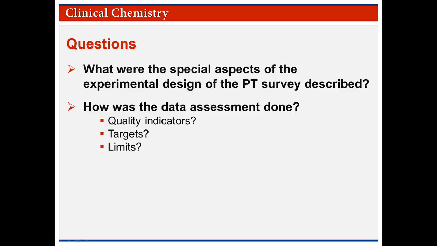So they looked at 8 analytes: creatinine, glucose, phosphate, uric acid, cholesterol, HDL, LDL cholesterol, triglycerides. And so the question is, what are the special aspects of how this was designed, and how did they assess the data?